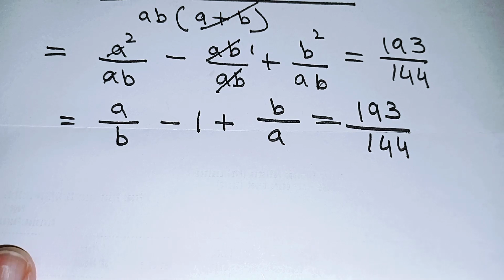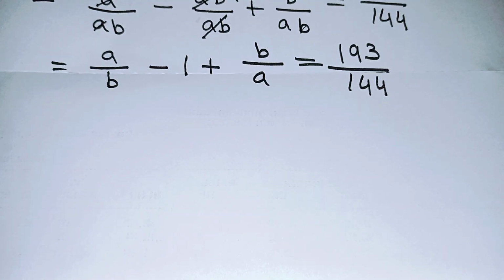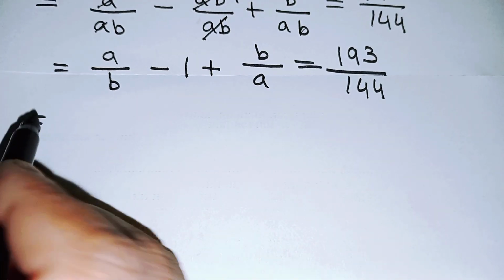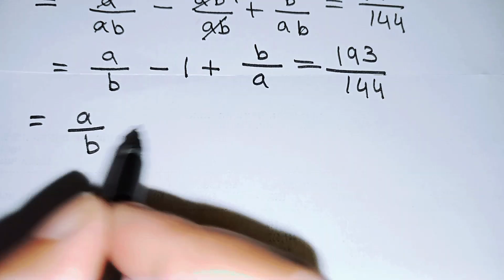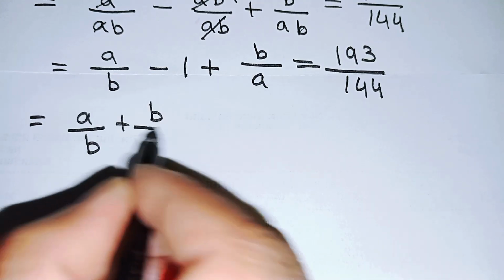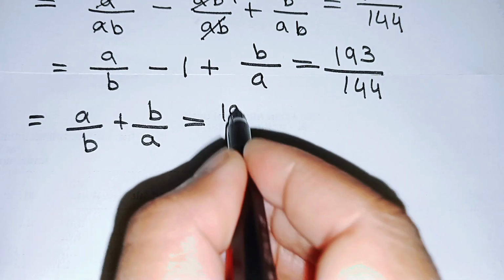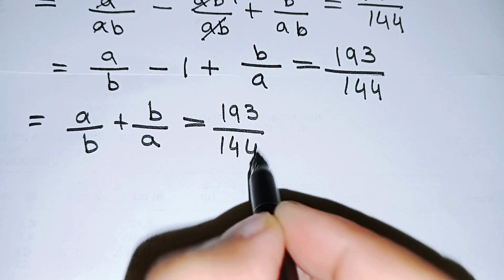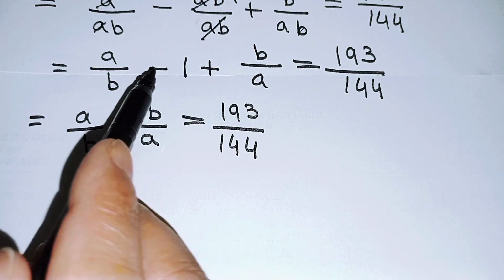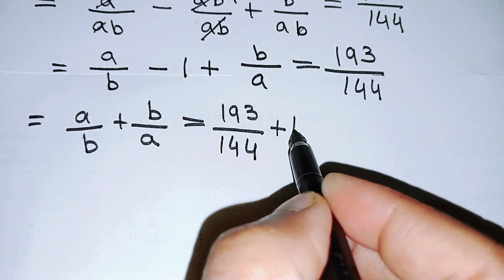Now here a over b plus b over a is equal to 193 over 144, and this minus 1 moves to the other side as plus 1.